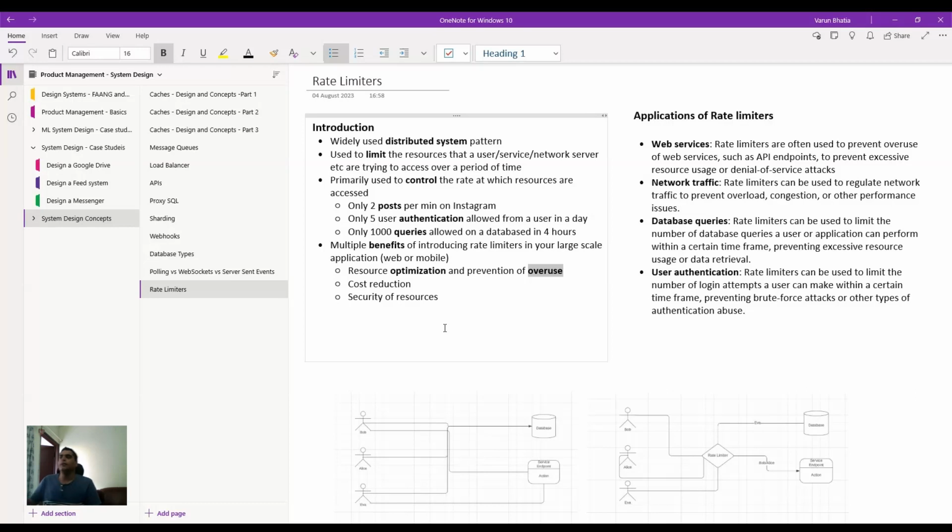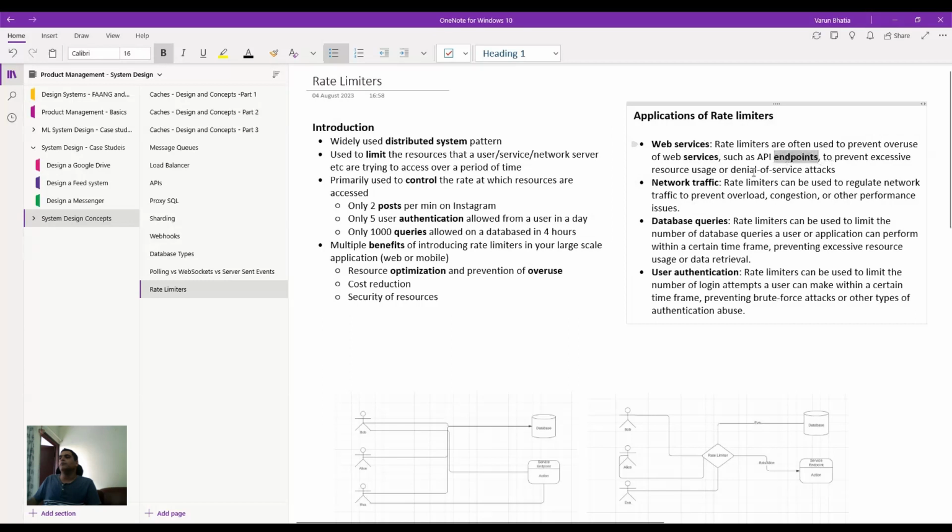hence you block that source, right? So coming to applications of rate limiters, it might have extended in recent years to not just web services and queries, but I think predominantly on web services, by far, the biggest chunk of rate limiters is found. They're often used to prevent overuse of web services, such as API endpoints, right?